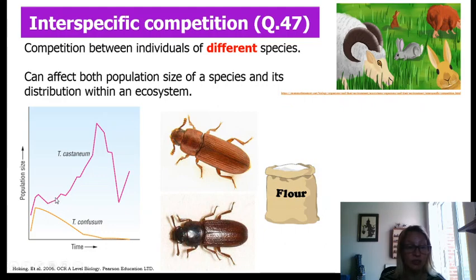You can see that the population increases very, very rapidly here, and then it completely outcompetes that T. confusum, and the T. confusum population then dies out completely, and then that castaneum population starts to increase again at this point here. So that's an example of interspecific competition.